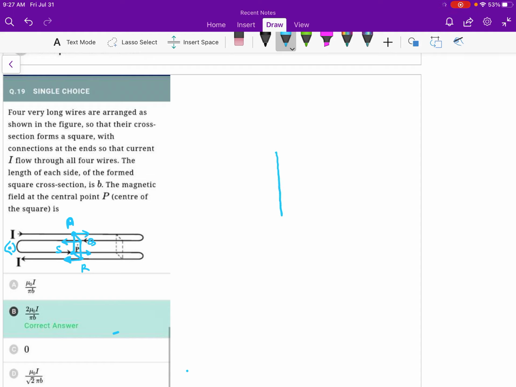Okay, so let's draw this square. Let's call the center point P naught. At point P, current is going inside. At point Q, current is coming out. At point R, current is coming out. And at point S, current is going in.